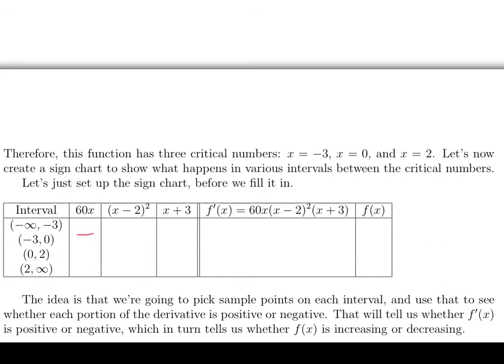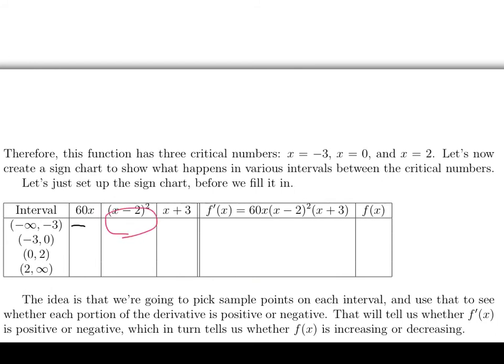Again, let's see what's happening here. Our test number that we want to plug in is any number between -infinity and -3. So if we plugged in, let's say, -4, that's on that interval, and we plugged it into this expression, we would get a negative number. So when filling out the table, we would put a negative sign here.